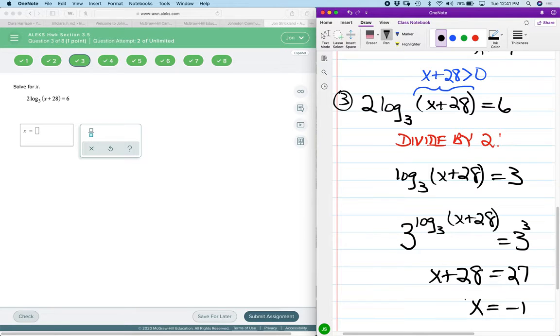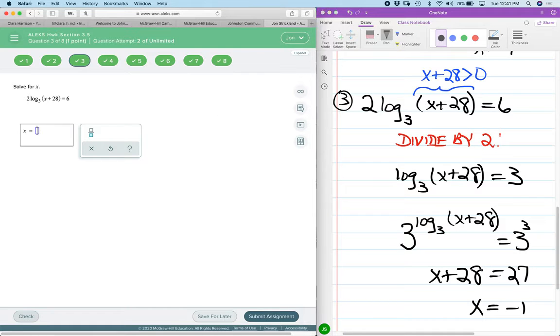While we cannot have a negative argument, here x is a negative value, but the argument is not x, but x plus 28. And so -1 plus 28 is 27, and that is greater than 0. And just testing out what we have.